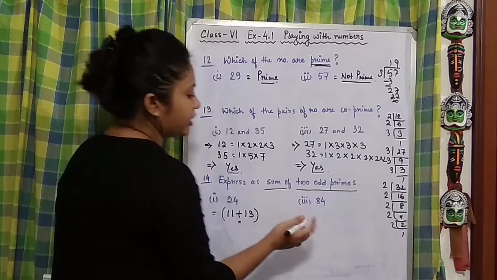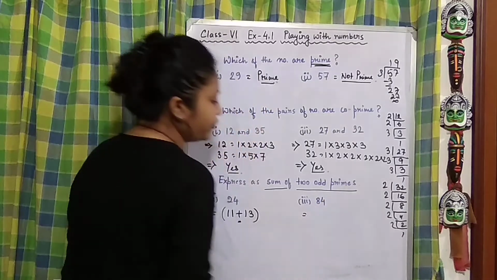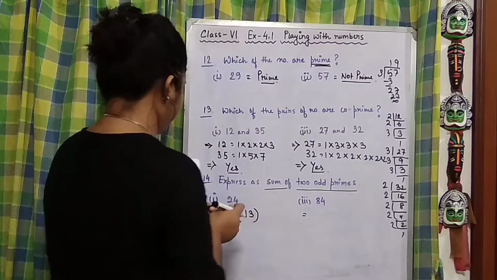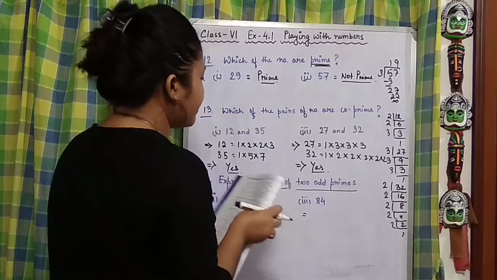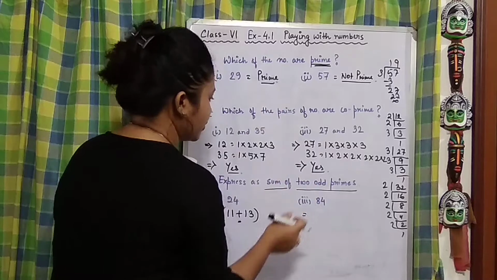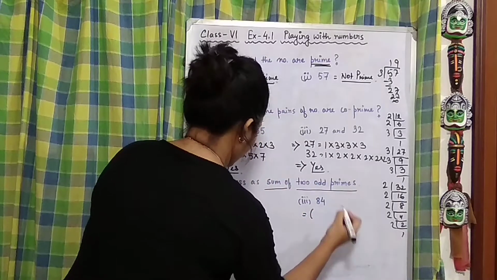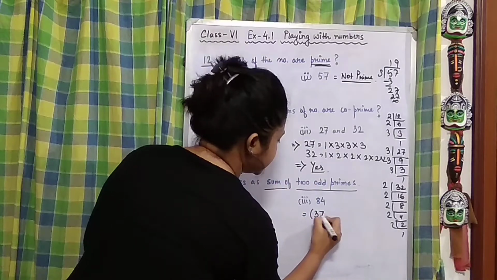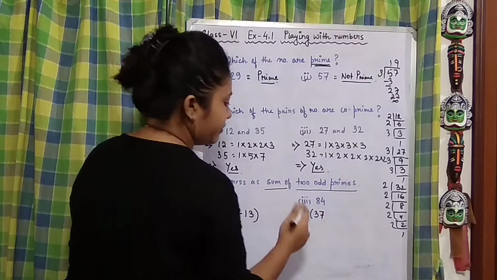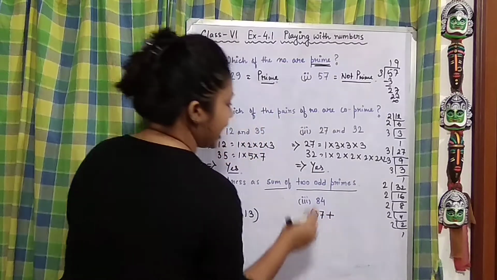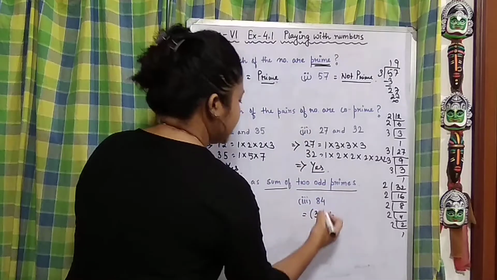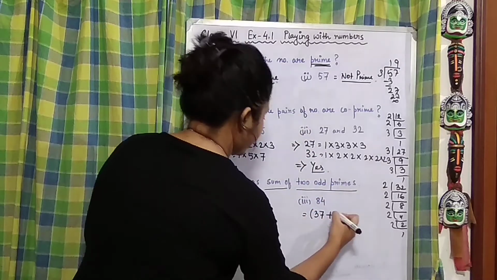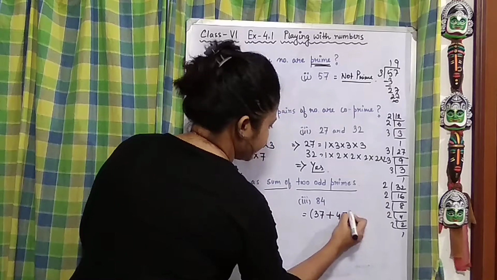Coming to 84, how are we going to express this 84? For this, we have to take two odd prime numbers once again. Let's say one is 37, which cannot be divided by 2, and it is divisible by 1 and itself only. 37 and let's say 47.